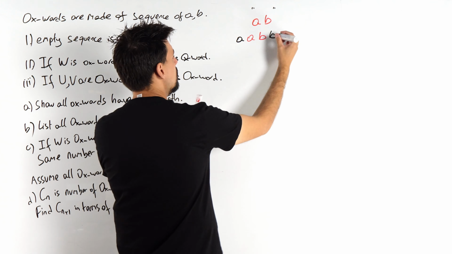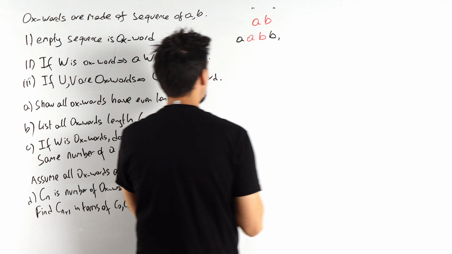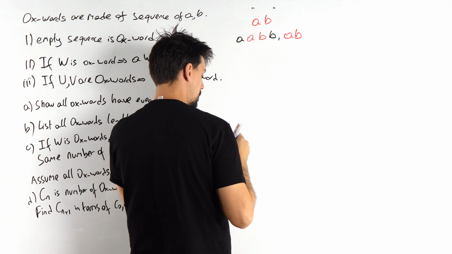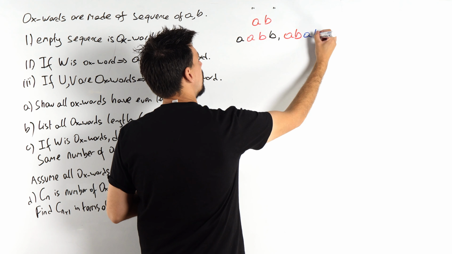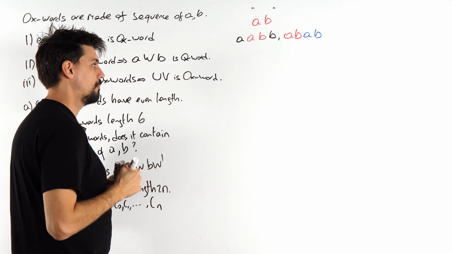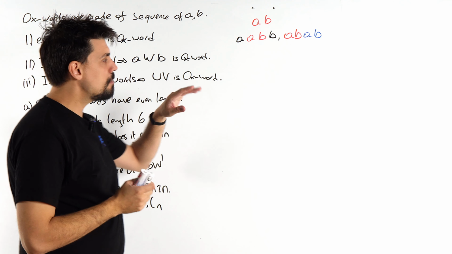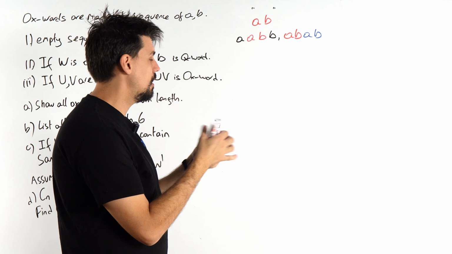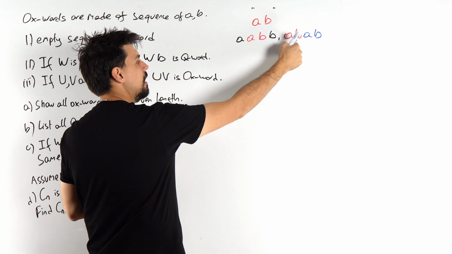The other thing I could do is take 2 oxwords and put them next to each other, and I get a new oxword. So I could have AB, AB. Now this might already help us. These are length 2, these are length 4.